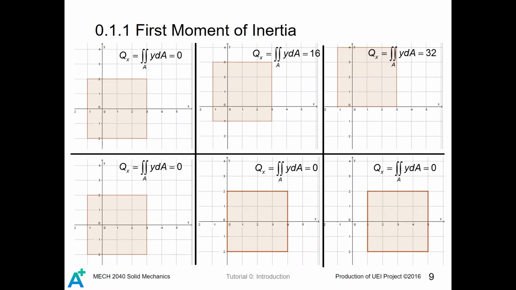Now let's consider an area which is initially located here, and we try to transform it vertically upward and horizontally rightward.